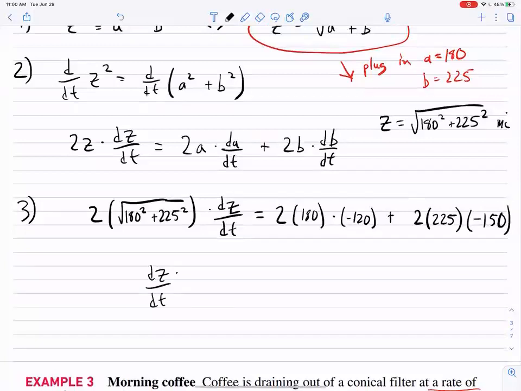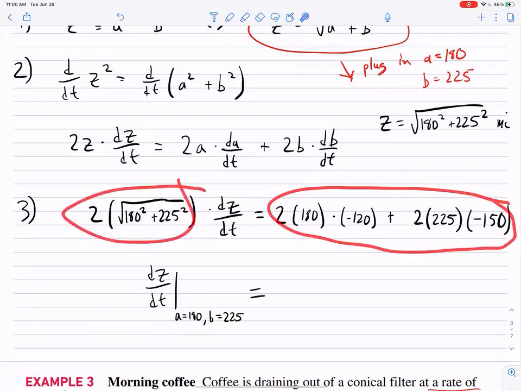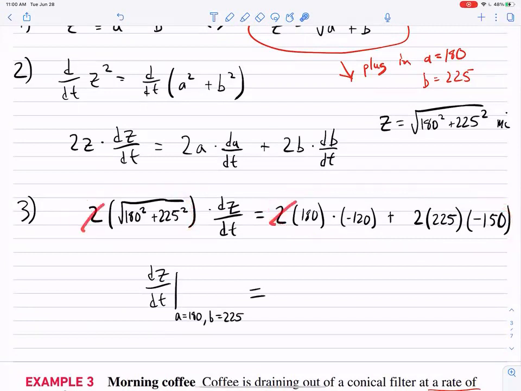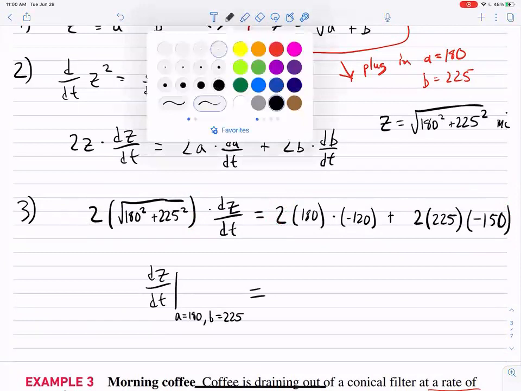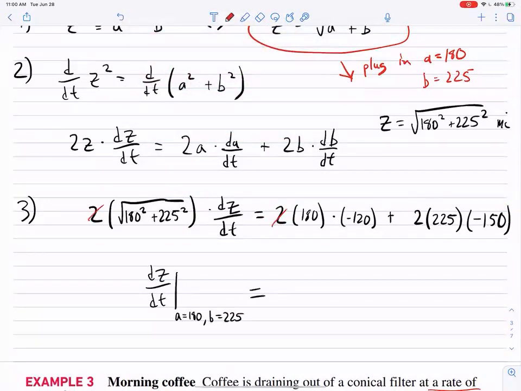So finally solving for dz dt, what do we get? dz dt, when a is equal to 180 and b is equal to 225, because those are the quantities we're plugging in, we get that it is equal to, so again, on an exam, you don't have to simplify, you can just leave it. There's a 2 everywhere, so I'm going to cancel out the 2's. I can cancel out that 2, that 2, that 2. And what are we left with?